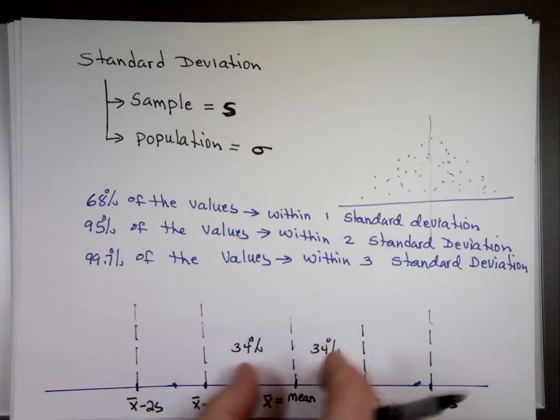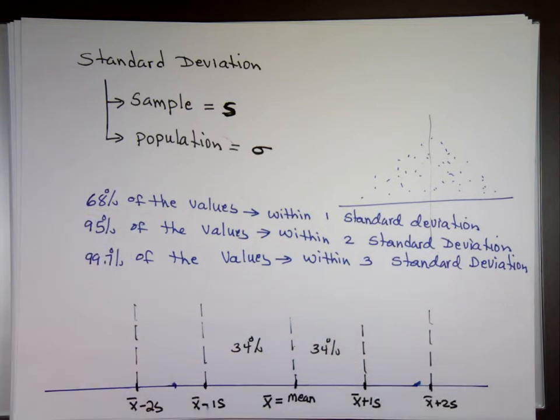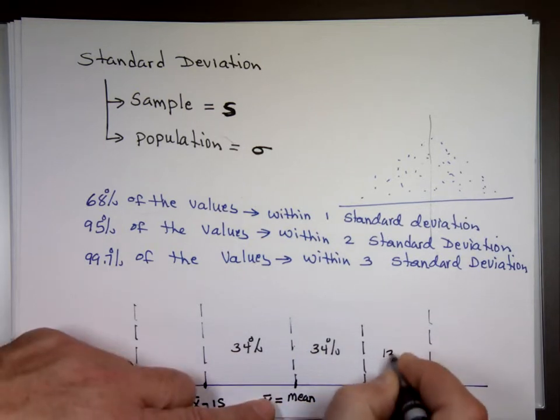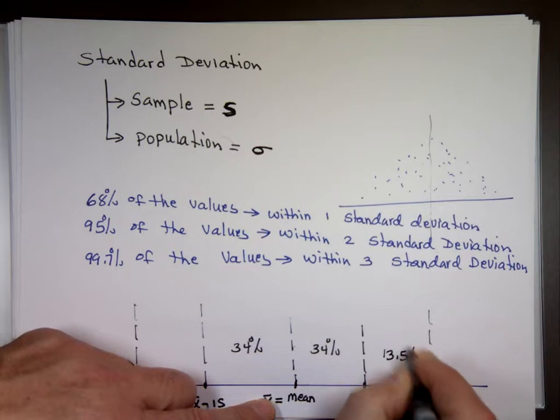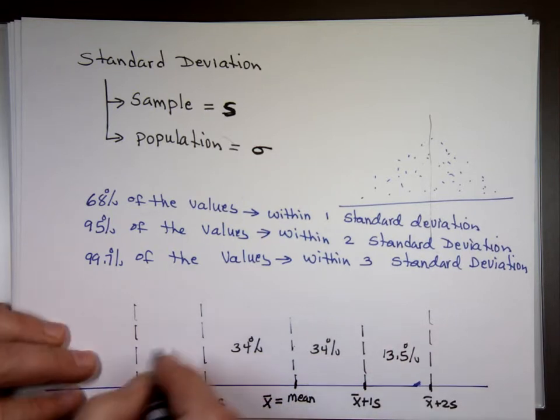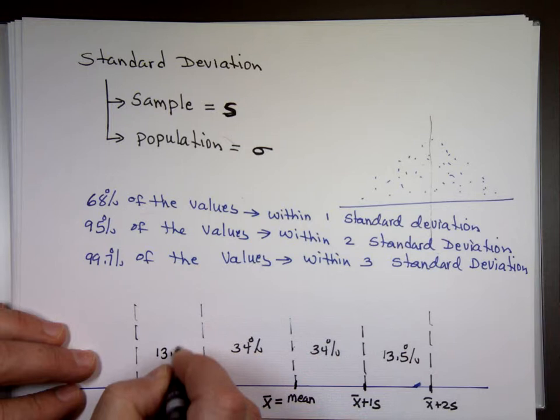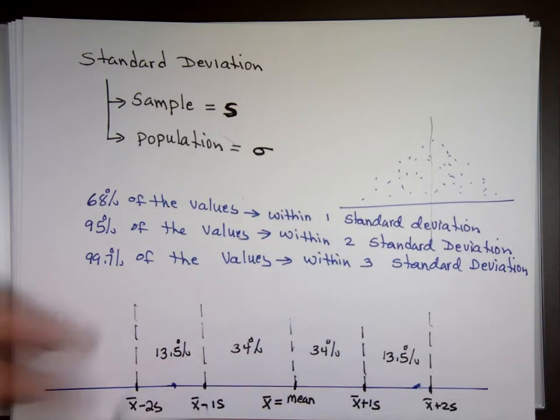So if this is 68, what's 95 minus 68? That's 27. Divide that by 2 because each one is a half. 13.5% of the people will be between 1 standard deviation and 2, and 13.5% is right here. It's symmetric.